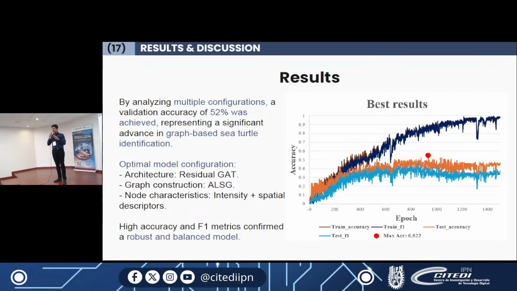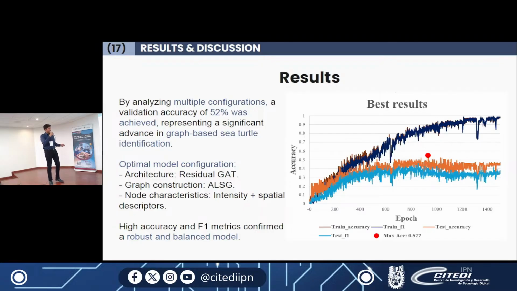So it's a hard task. And also, if you remember, the database is so different. So it's a really hard task, and we have good performance until now. And we are working with graphs instead of the image. So this is the optimal model configuration.